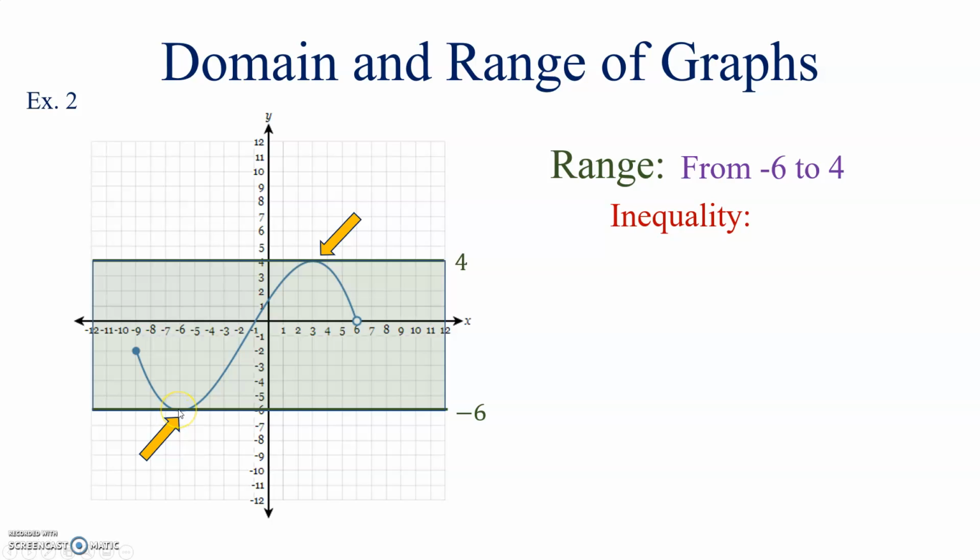So we are including both the -6 and the +4. Again, the only time you don't include is if there was an open circle. So the inequality will have both equal signs: -6 is less than or equal to y. Again, it has a little y because we're working with the range. It's less than or equal to 4.